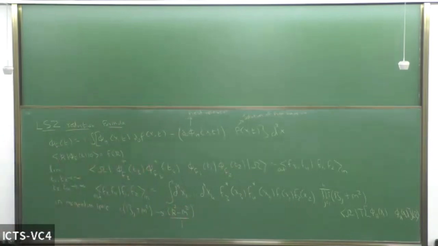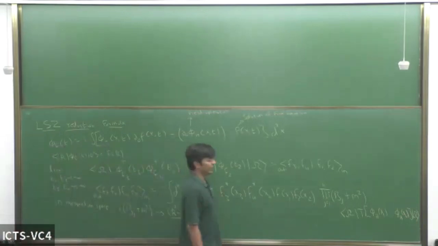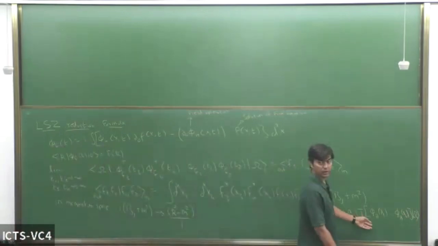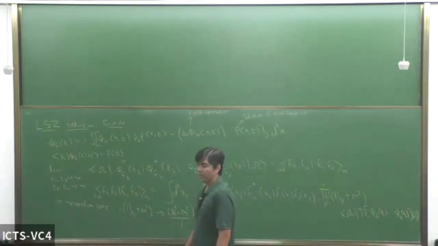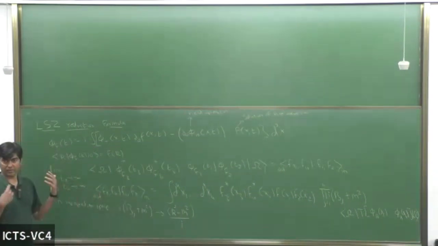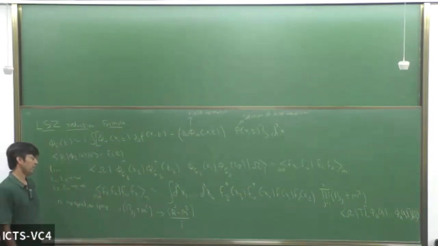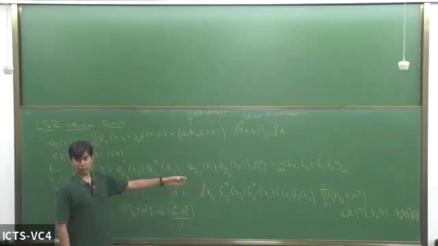So see what this is telling us to do. What this is telling us to do is compute this quantity in momentum space. It will have some external propagators that are sticking out. Remember what we were saying last time. It will have some external propagators that are sticking out. This thing multiplies things with k squared minus m squared by i.